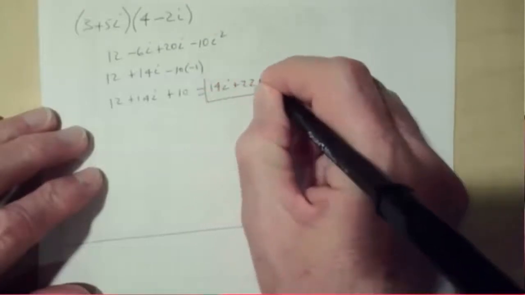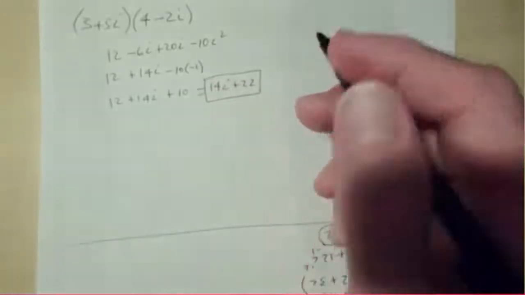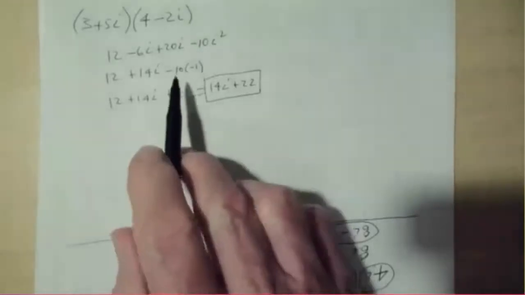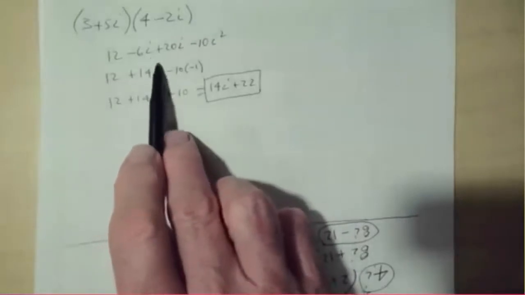So this equals 14i plus 22. These problems are not difficult at all, I promise. They're just different with all this i misery.